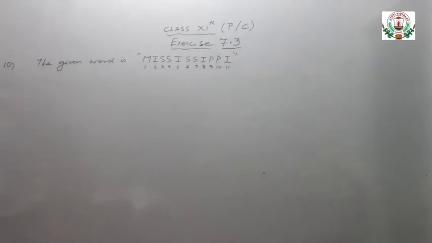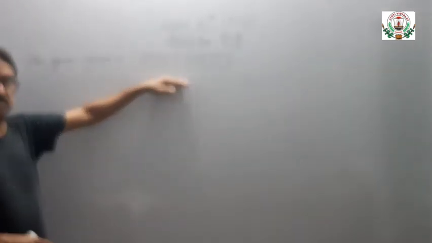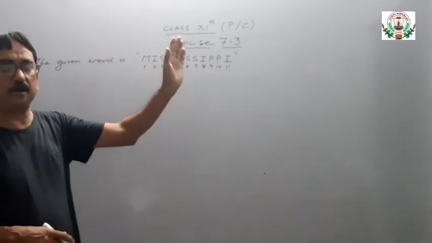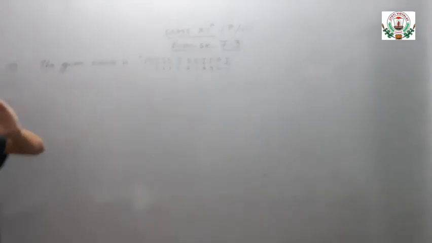Whenever it is asked that a particular letter does not come together, first, without any restriction, you take all the letters of the given word and form the number of permutations.